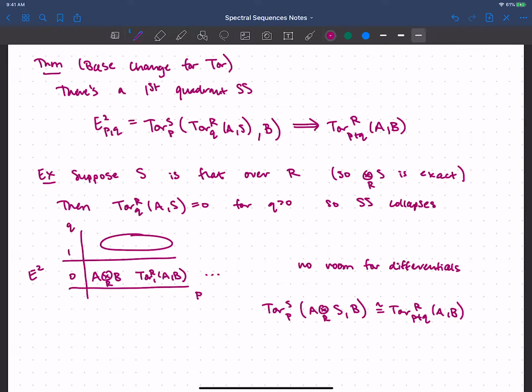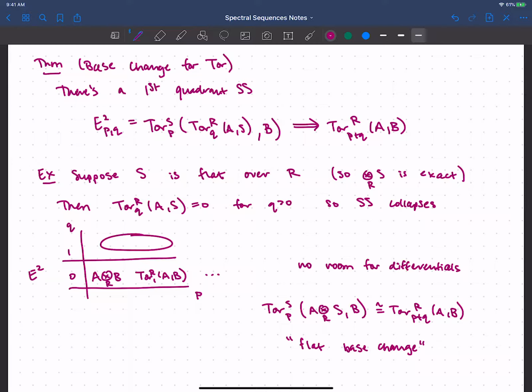There's only this 0 line. And what do we have on that 0 line? We're going to be taking Tor over S of this, and so we just get the thing at the end, these Tor of A, B. Okay, so this is sometimes given as a theorem in homological algebra called flat base change. And this isn't the only way to prove it, again, but it's kind of a nice spectral sequence consequence.